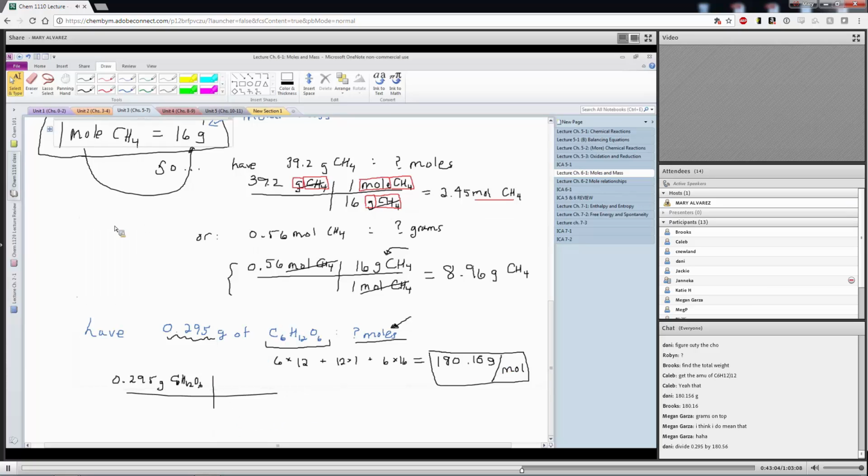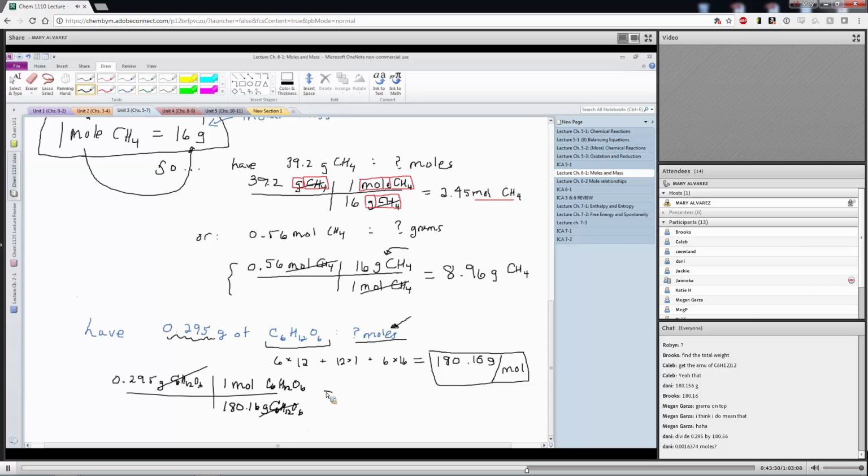She's right. 180.16 grams of C6H12O6 in every, that means the moles go on top, 1 mole of C6H12O6, which is perfect. That's what we wanted because that's what we're looking for is moles. So our grams cancel. Hooray!